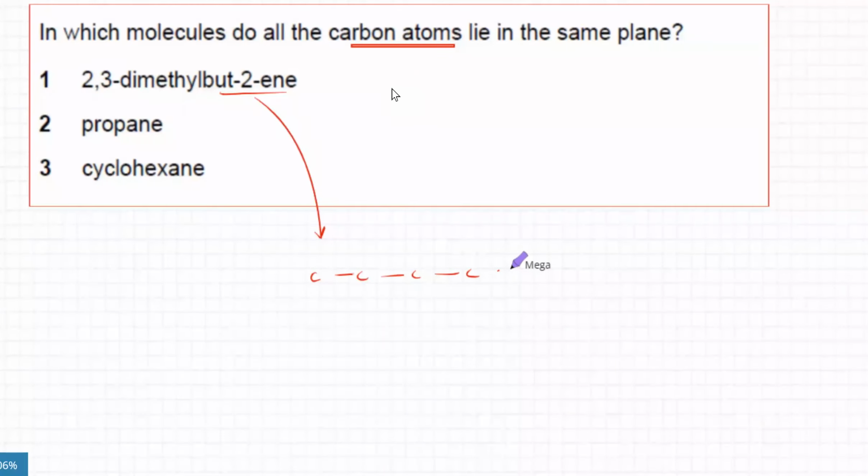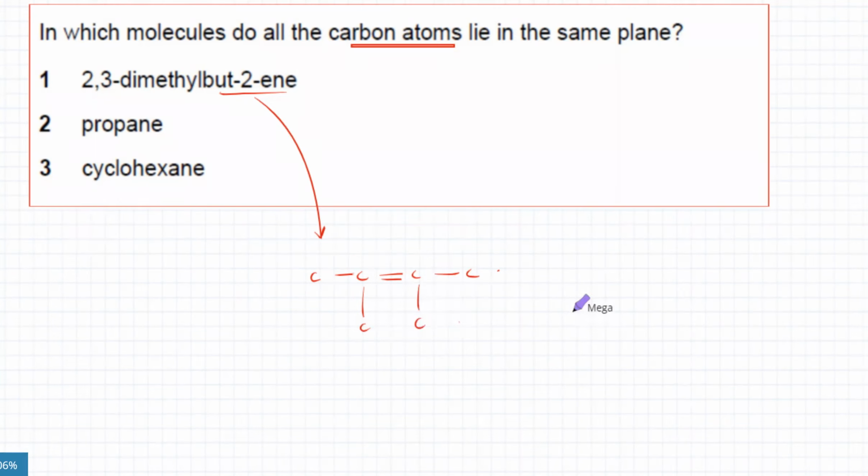So 2-ene means there's a double bond between the second and the third carbon atom. That's where you've got a double bond there. And 2,3-dimethyl means that there's a methyl on the second one, and there's a methyl on the third one.